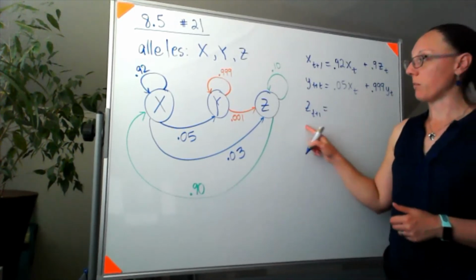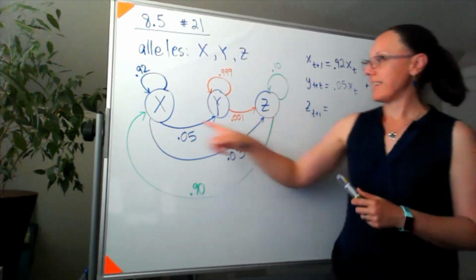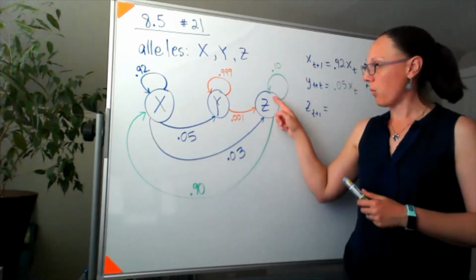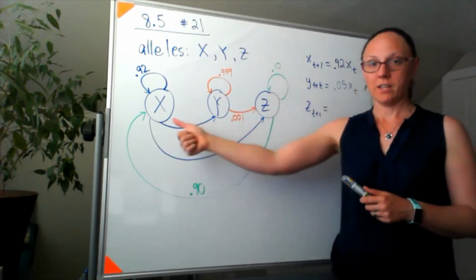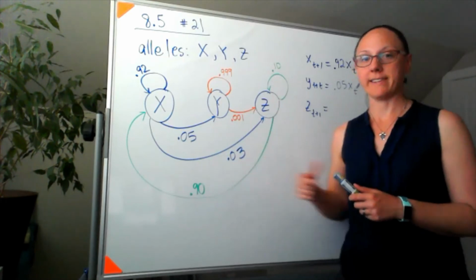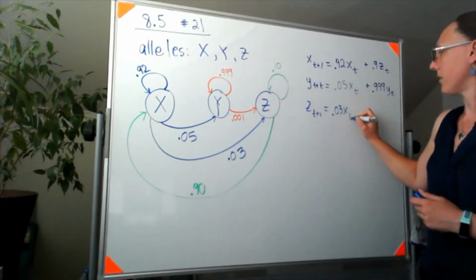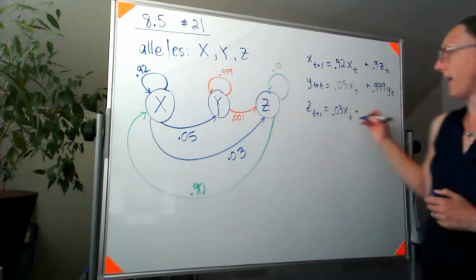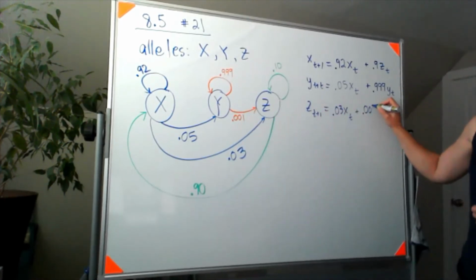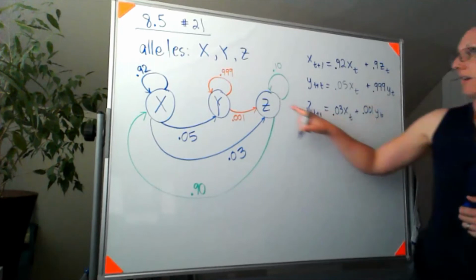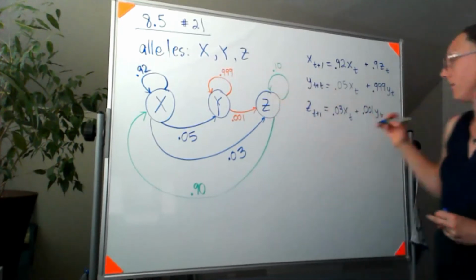And then for my z's, I've got z coming from x, coming from y, and coming from z. So coming in from x, I've got 0.03. Coming in from y, I've got that 0.001. And from z, I've got 0.1.